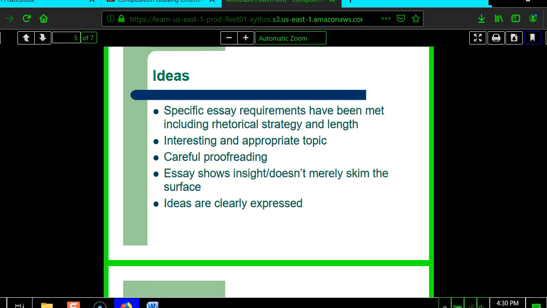Careful proofreading and insight are key as well. Are the elements of the rhetorical strategy present? Are the essay ideas clearly expressed?